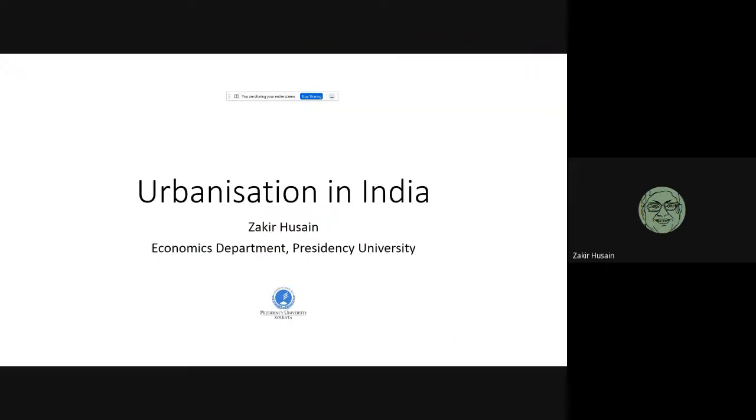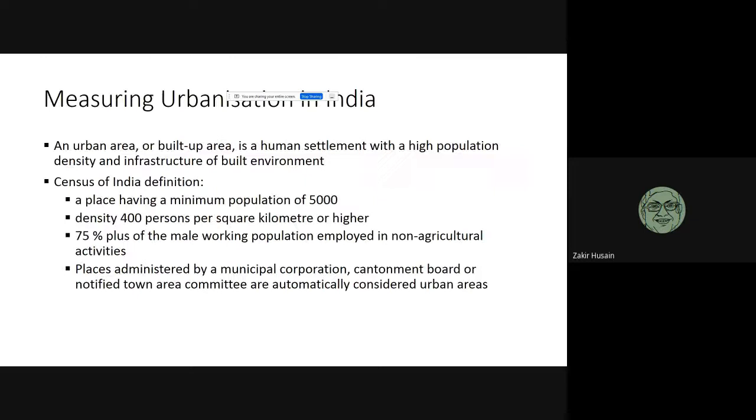I'm returning to the topic that I started in the last class, which is urbanization in India. As was discussed in one of the presentations, an urban area is a human settlement which has a very high density and a densely populated urban built environment.